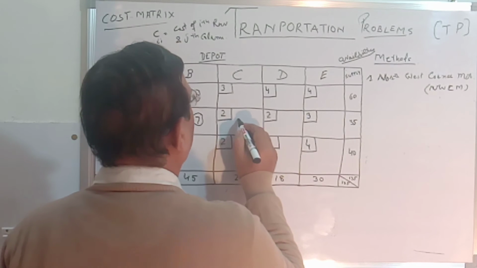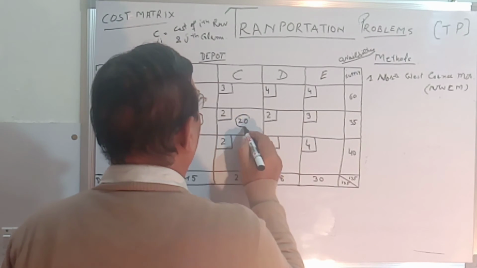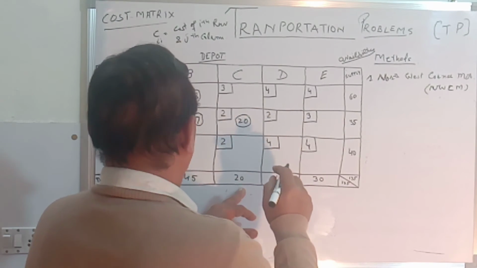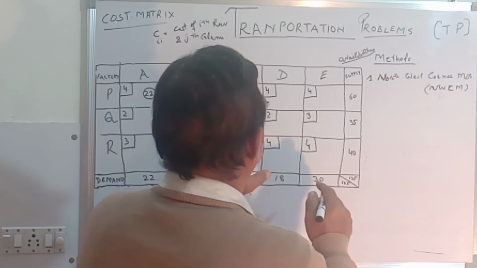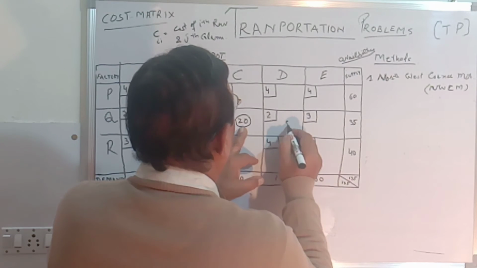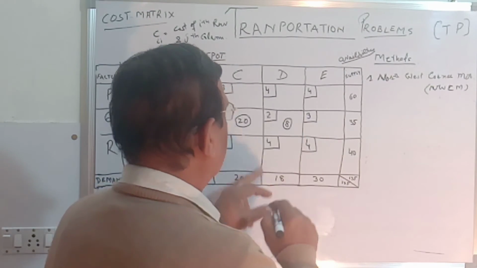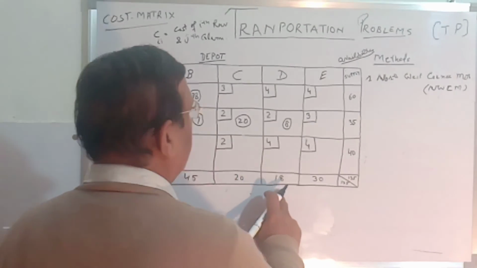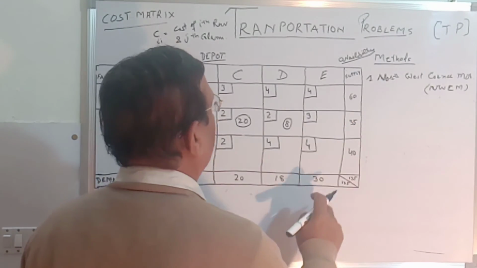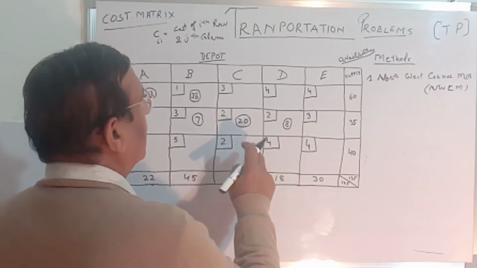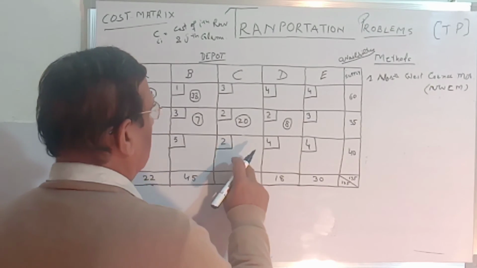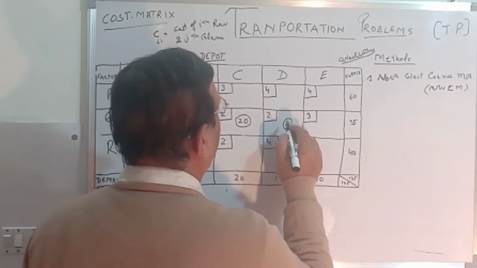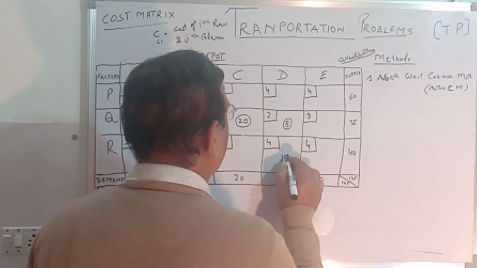Next, move in the same row. Here it should be 20. So 20 is demand, and then 20 plus 7 is 27. Then 8 can be like this, with 18 demand for 35 supply. Then further allocation is not possible here. Then come to the next row, 8 has been done, say 10.